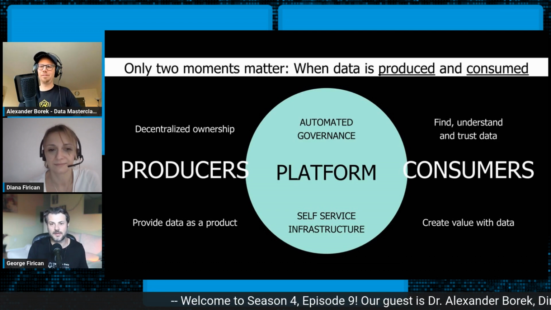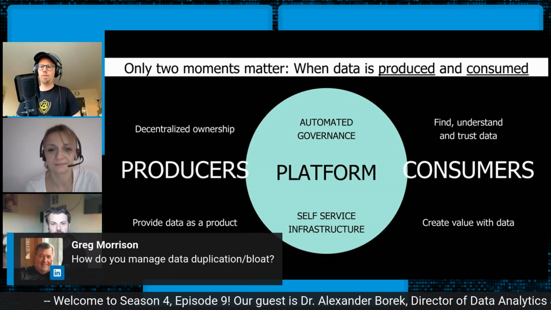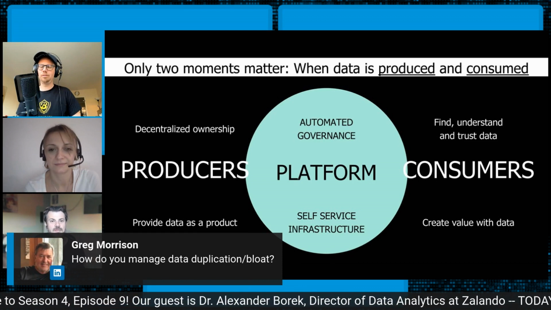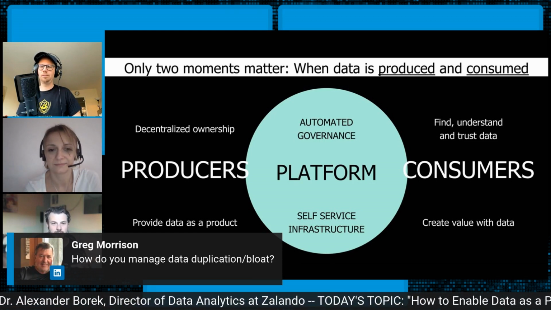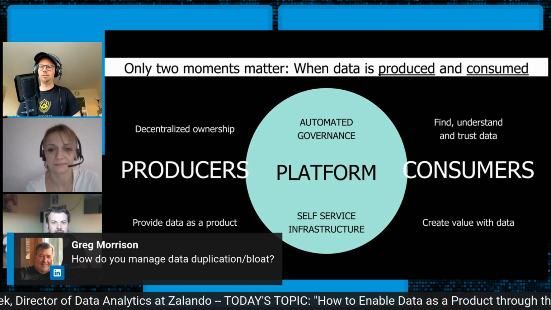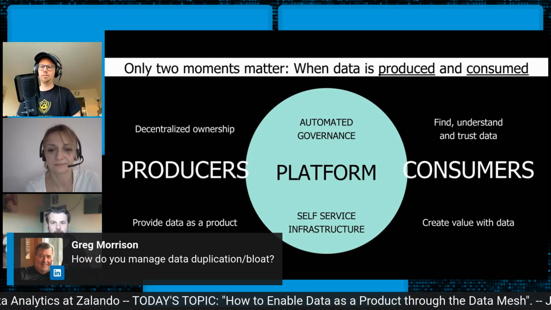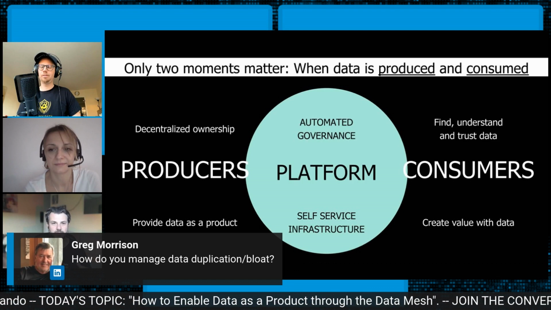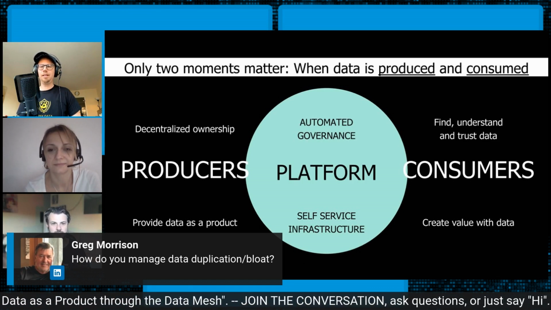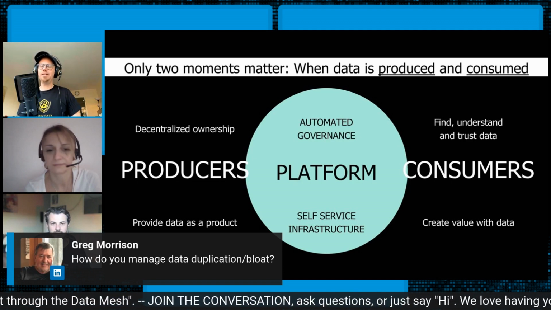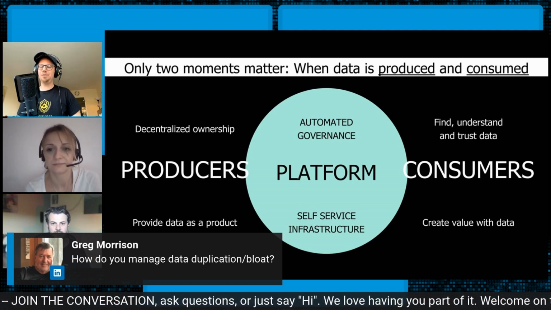And so on that note, Greg here is wondering, how do you manage the data duplication bloat? So if maybe multiple producers are actually overlapping on some of that data, do you manage that through the platform, or do you manage that at the producer's level? So first of all, I think it is anyway a reality when you're working at such a scale.